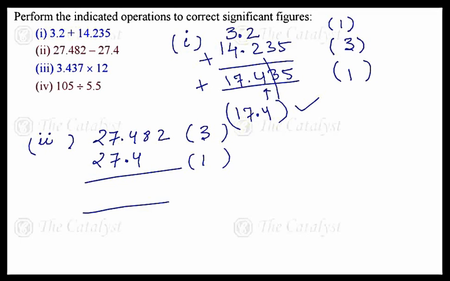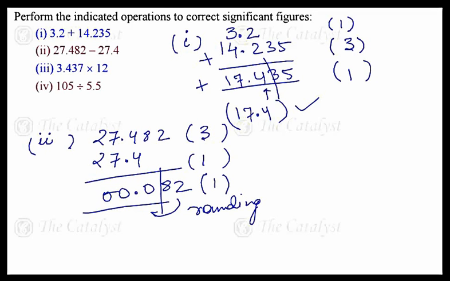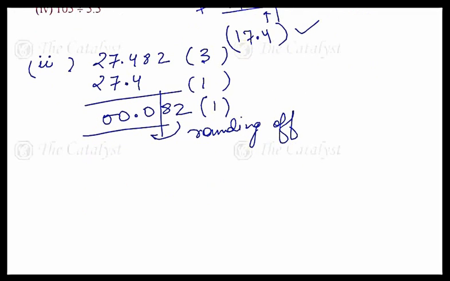If you subtract them, what you're going to get is 0.082. But the number of digits after the decimal place has to be 1. That means you need to cut it off from this place and it calls for rounding off. So rounding off is done, and you will get 0.1 as the answer.